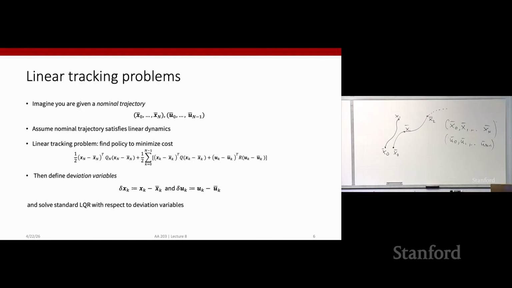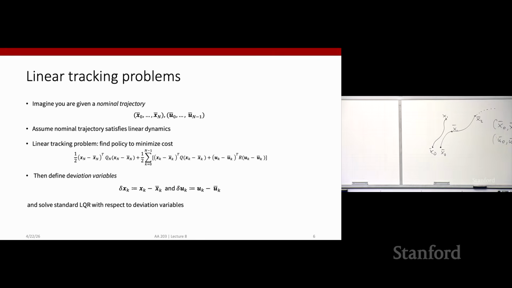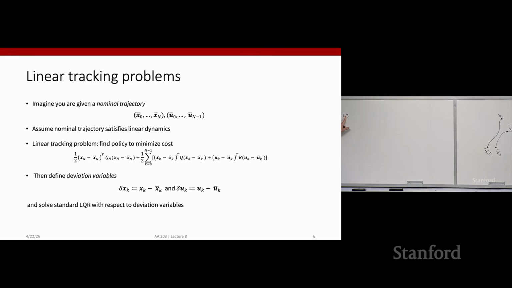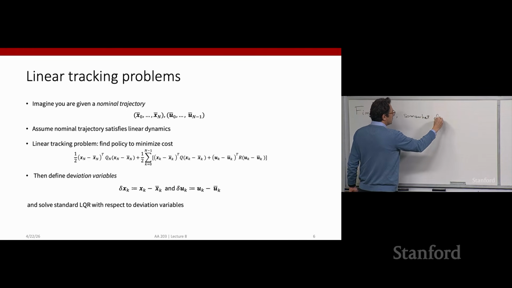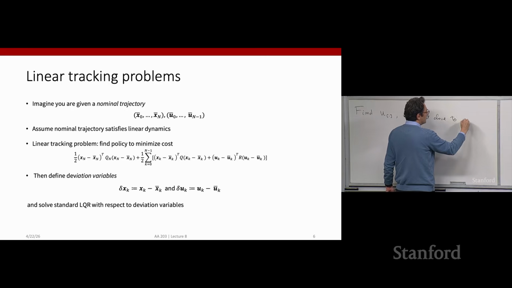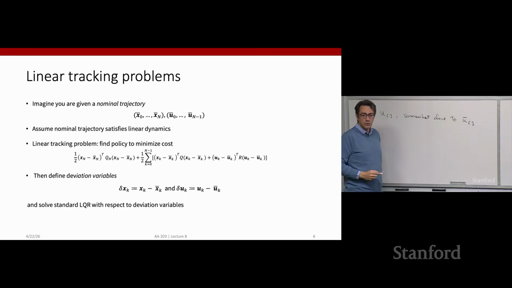Specifically, we want to find a sequence of controls. I put empty brackets here to mean that we want to find a full sequence of controls, U0, U1, U2, all the way to UN-1. Somewhat close, and I will be more specific later, somewhat close to the nominal control sequence, because that's the one that we would like to track.